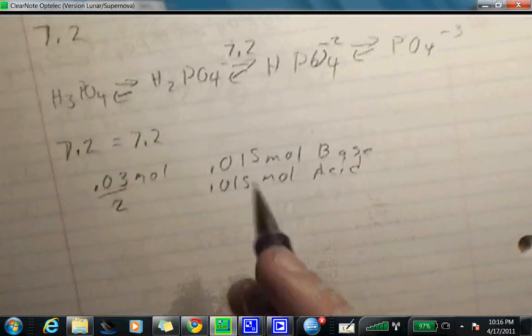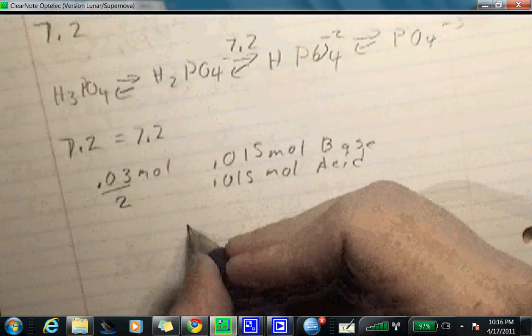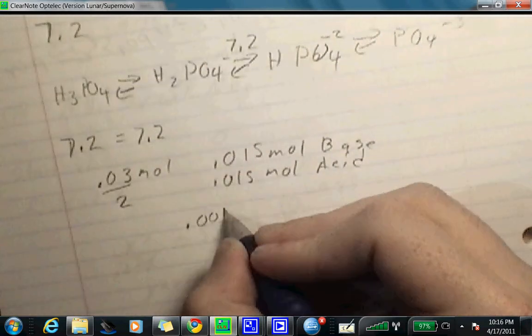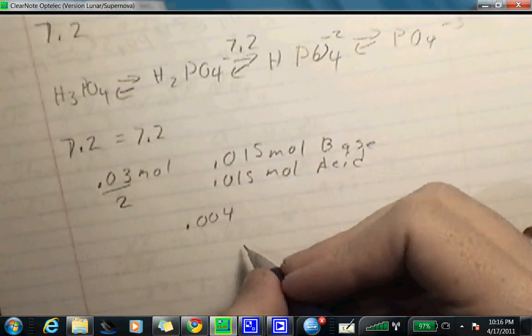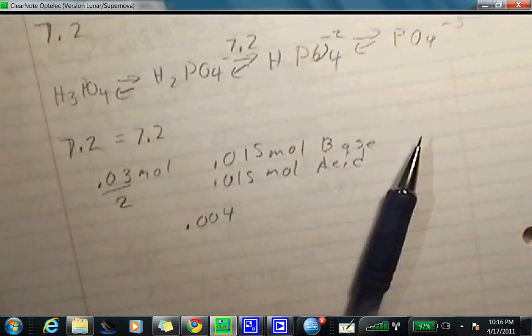Now, what we're doing is when this enzyme catalyzes this, it makes 0.004. I think that's right. Let me double check that number. Zero zero four, yeah.